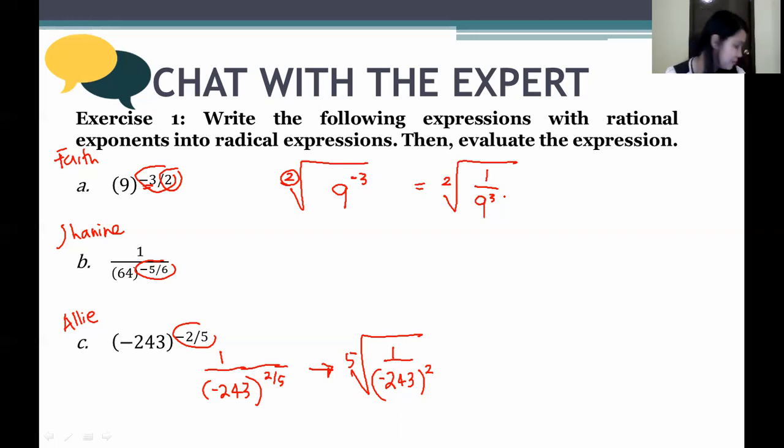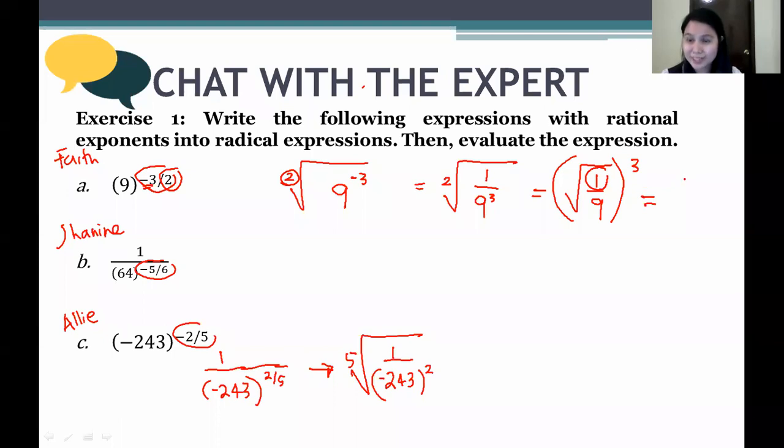Ready for this one? Let's start. This can be written as the square root of 1 over 9, then to the third power. That's the same. Now, let's move one by one. What is the square root of 1?